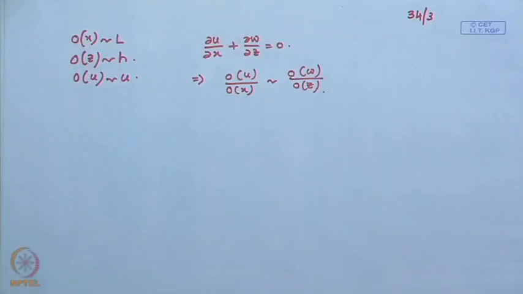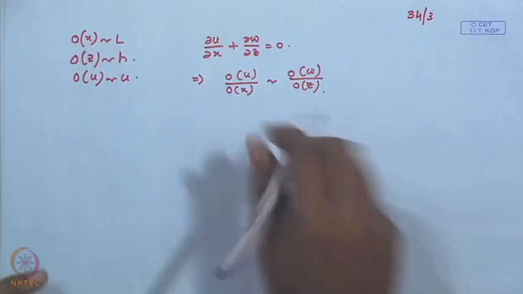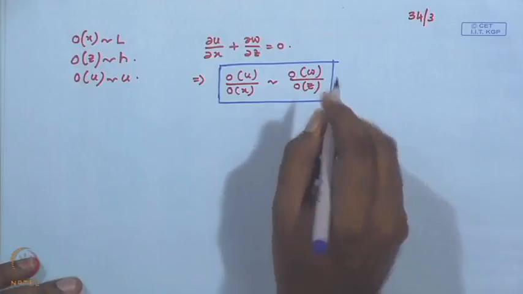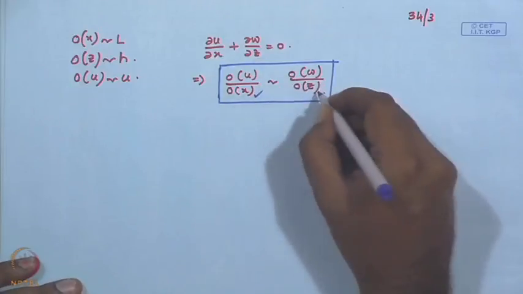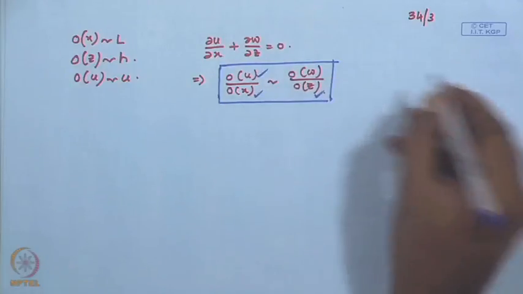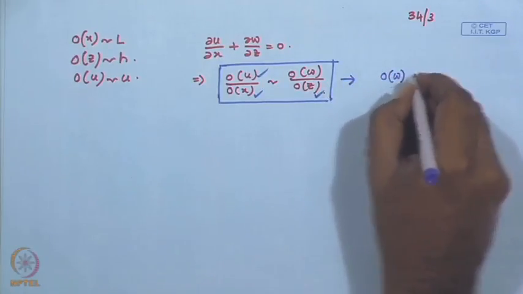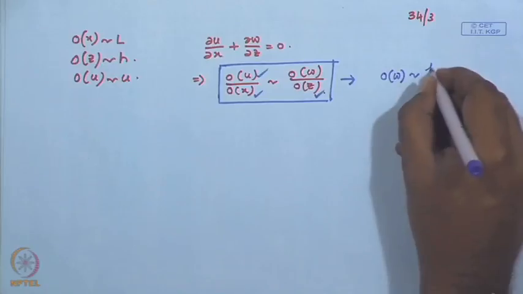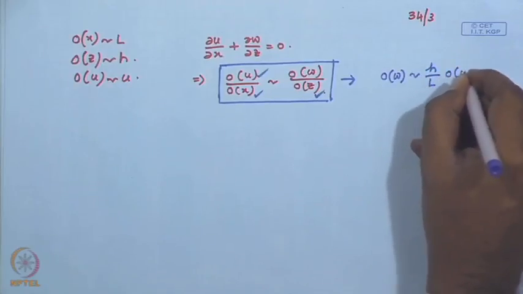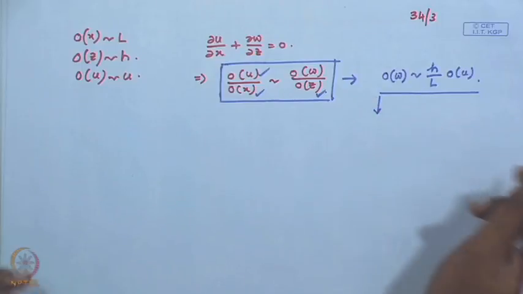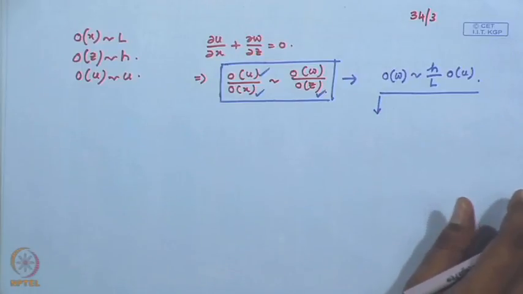Out of the 4 orders that are involved here in this equation, 3 are known, that is x, z and u. So, if you plug in those orders, the order of w is h by L times order of u, which means that what is the significance of this mathematical statement?